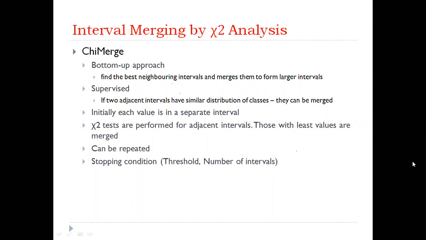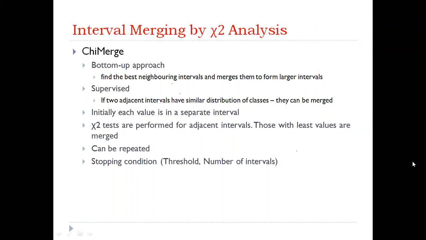I had maybe about 2 findings, but 5 to 10, I'm having about 6 or 7. So why can't I merge 0 to 5 and 5 to 10 and make it a 0 to 10 interval? Are you understanding this? You're trying to take the best neighboring intervals and merge them to form a larger interval. So this is about the bottom-up approach.